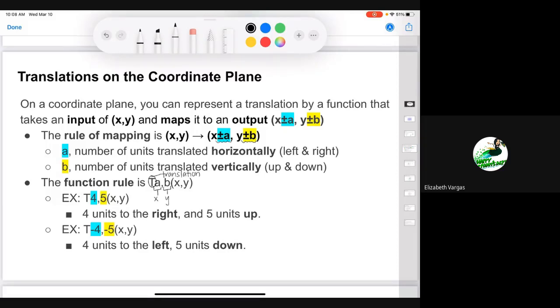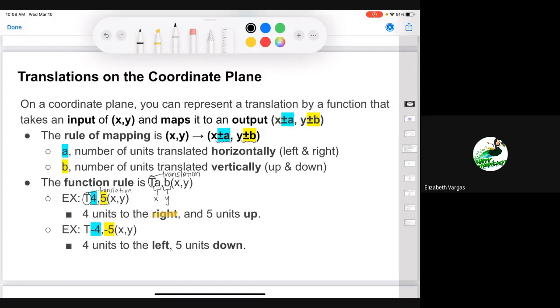So for example, here I have T, which represents my translation, and I have a positive 4. If I have a positive 4, I am moving to the right, so I will move 4 units to the right. I also have a positive 5.